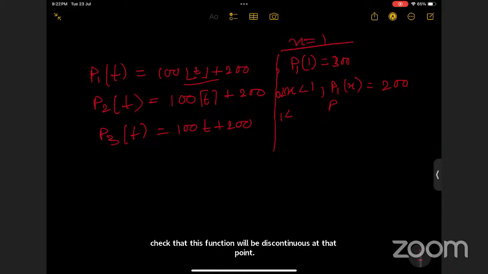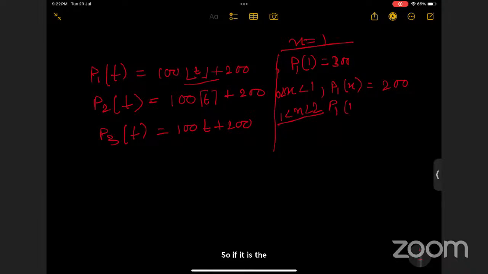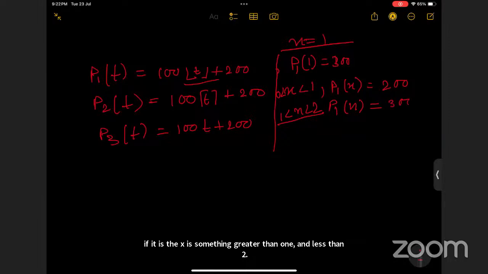Thank you. Yeah. So if x is something greater than 1 and less than 2, then what will be P of x? It will be 300 again, right? Yes.